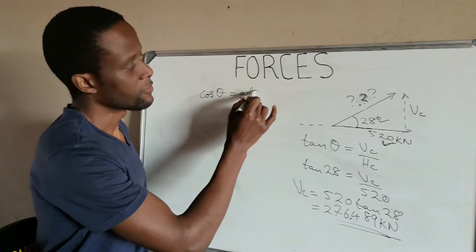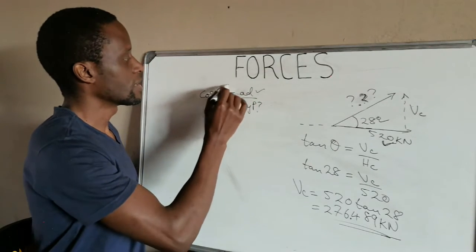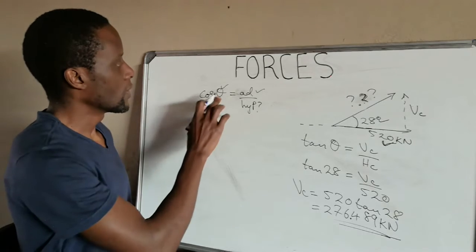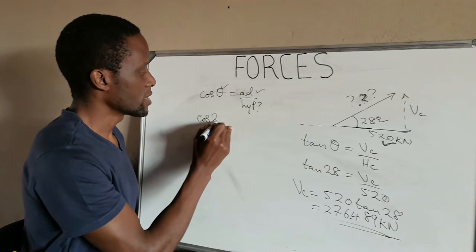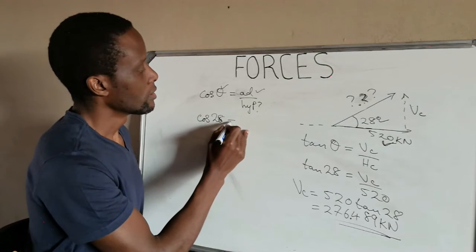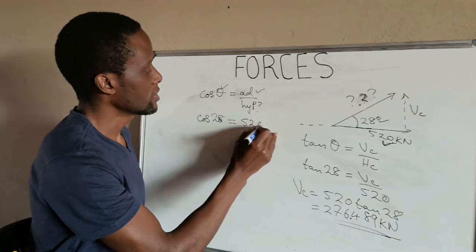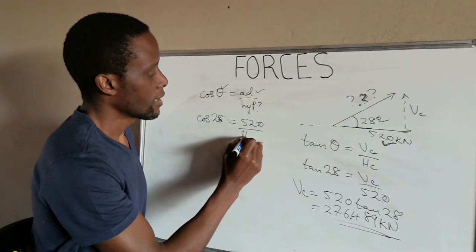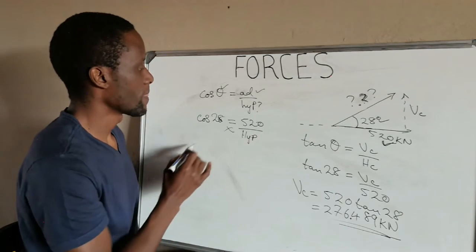Our 520 is our adjacent, and our 28 is our angle. So we say cos 28 is equal to 520 over our hypotenuse, the force itself.